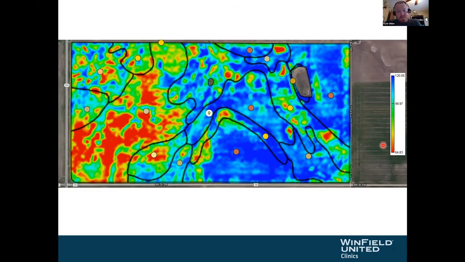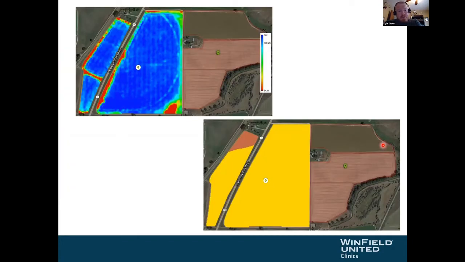But sometimes you have fields that have no variability at all and could be pancake flat, with one soil type, and those make great examples of places where you don't necessarily need to be managing by the acre. We have plenty of circumstances where variability doesn't exist. So it's about identifying where that variability is and keying in on that, where you could have the most economical return on managing this way.